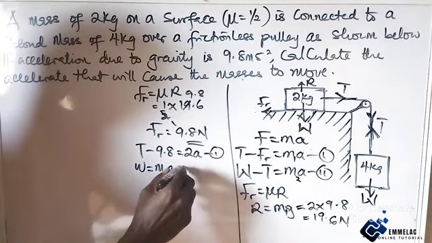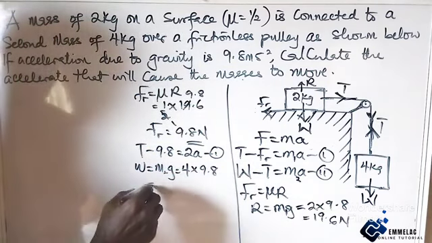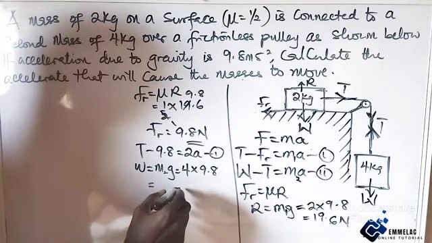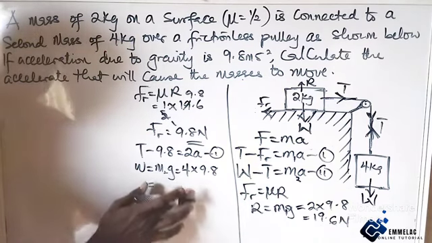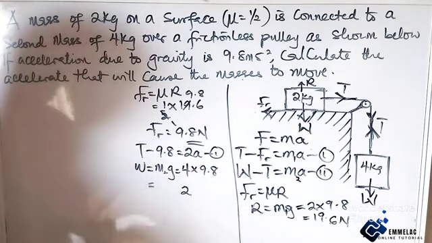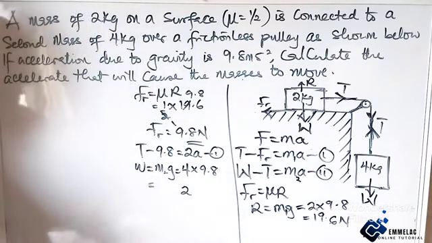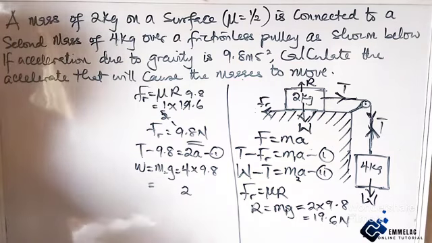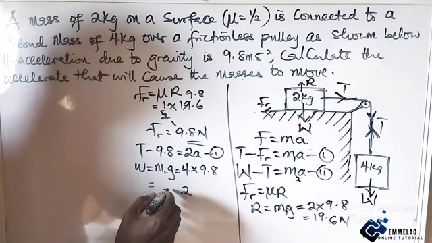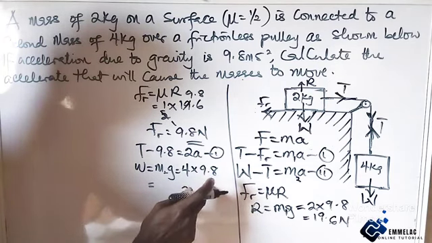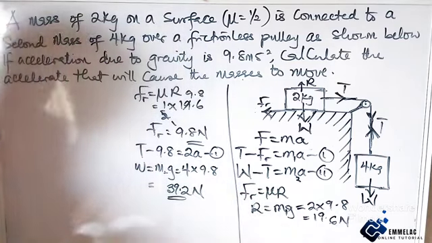Now M2 here is 4 times 9.8, and this should give us 39.2 Newton.